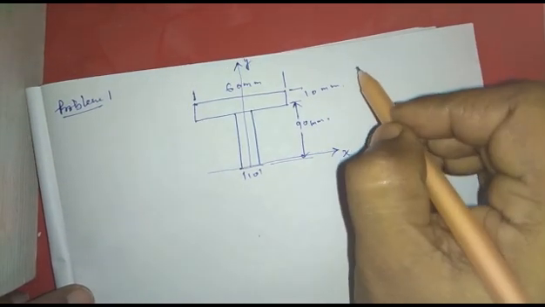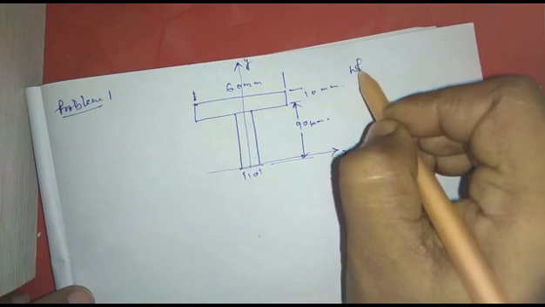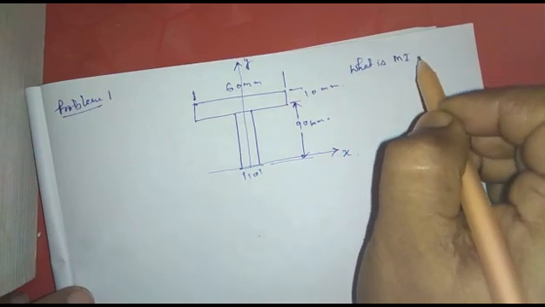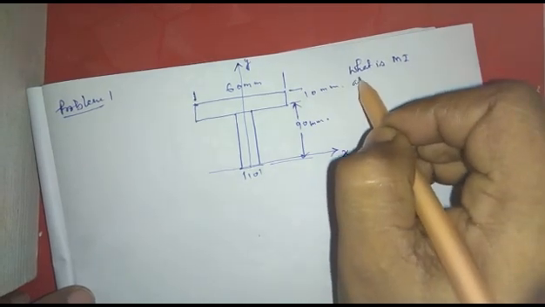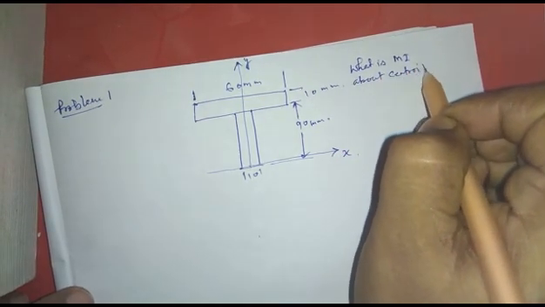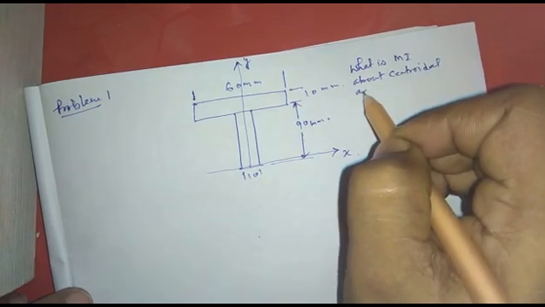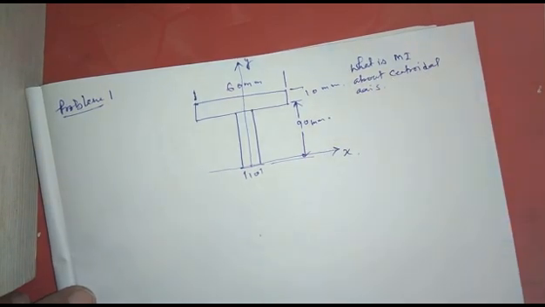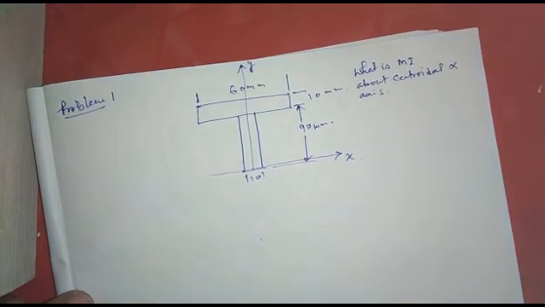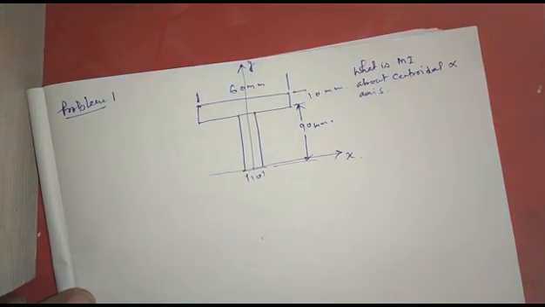Now the question is, what is the moment of inertia about centroidal x-axis? So we don't know the centroid yet. We need to find out what is the centroid, and then we will proceed using calculation.